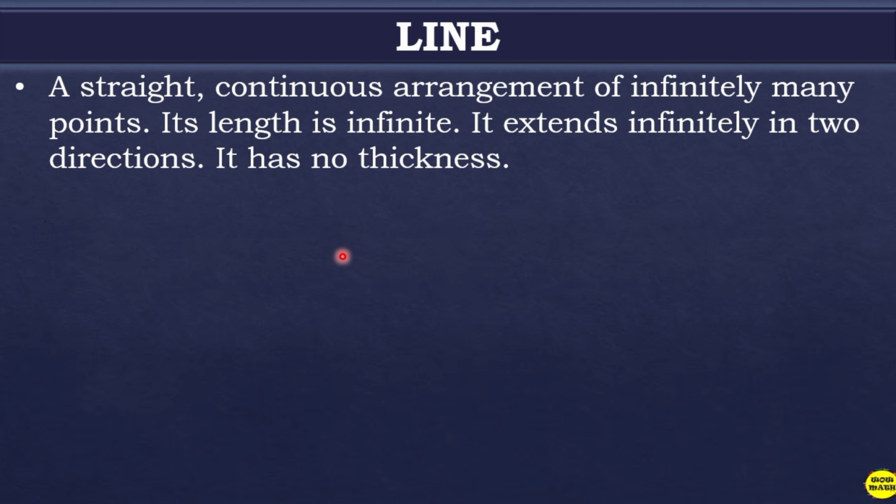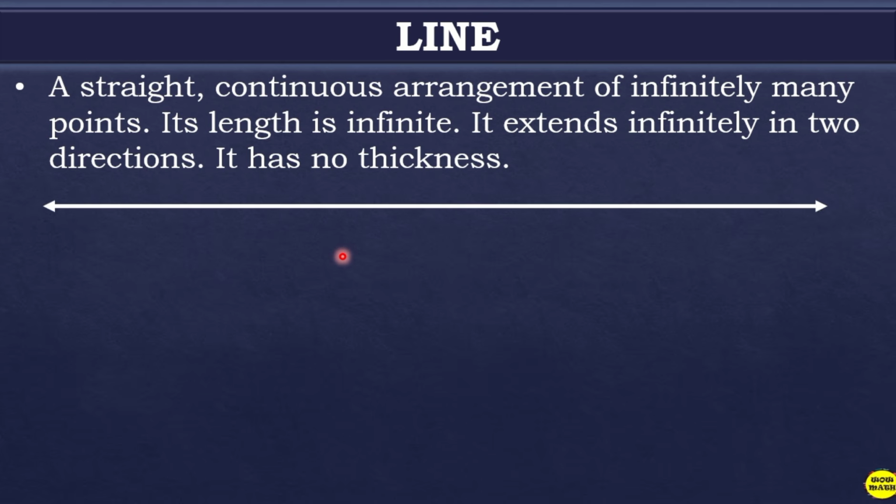So, kapag meron po tayong line, ang sinasabi niya po, hindi lang po isang point ang meron dito. Okay? Maraming points yan. Since ang line natin ay nag-e-extend, its length is infinite. That's why, hindi natin pwedeng sabihin na ang points ng line natin is just 1, is just 2.